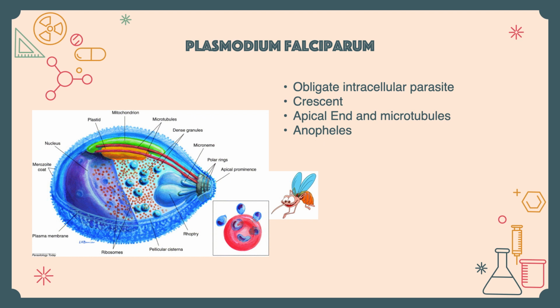This is an example of a biological vector rather than mechanical, because the mosquito is actually carrying it within rather than transferring it from the outside or by contact. Now that we discussed a few characteristics, we can move on to transmission.